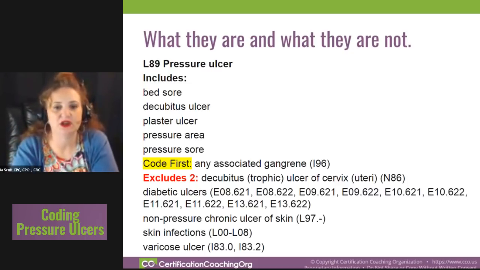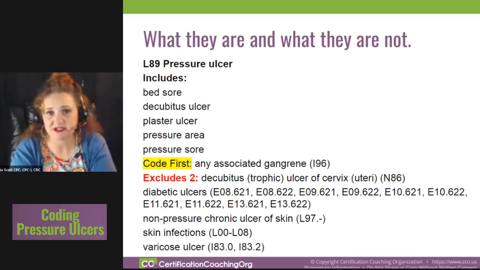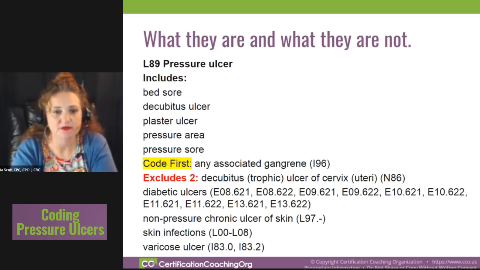Pay attention to non-pressure chronic ulcer of the skin. A person can have a chronic ulcer of the skin and it not be due to pressure on that bony prominence. So be very, very careful of that. Skin infection. Say a person has a skin infection and develops an ulcer, not a pressure ulcer.